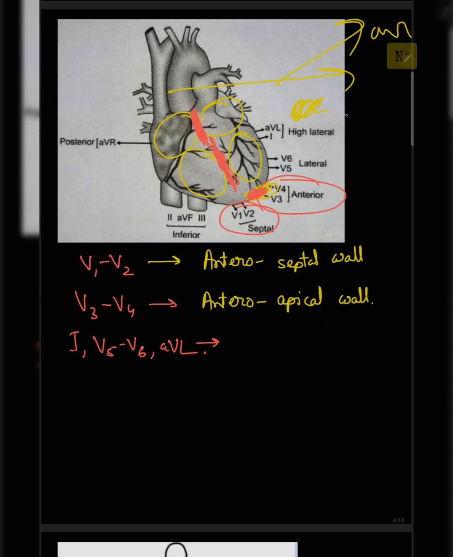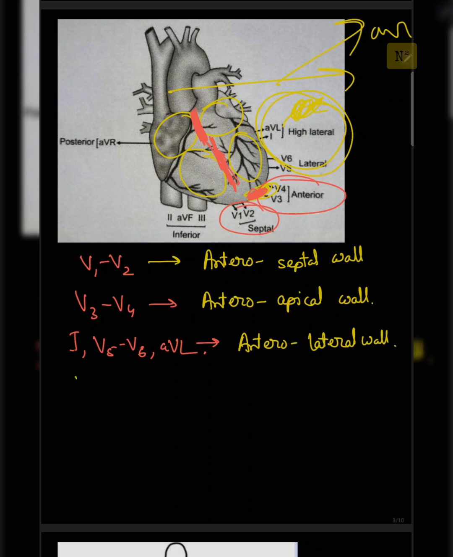That means it is showing you all the views around the left part of the heart. So it is showing you abnormality in the anterolateral wall of the heart.